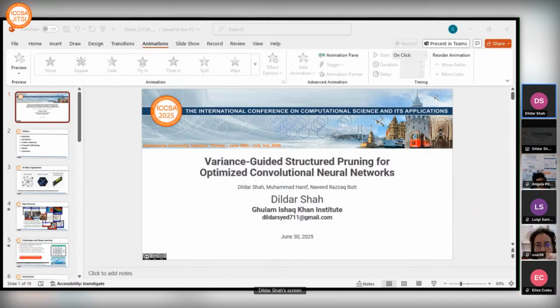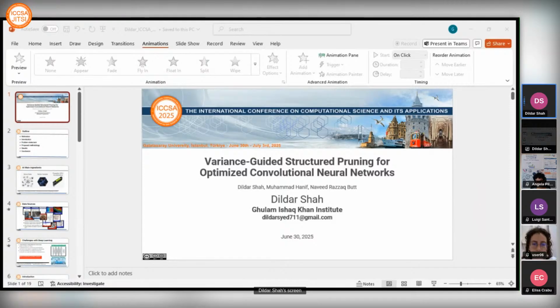For this purpose, different approaches have been explored in the literature so far, like quantization, knowledge distillation, and network pruning. But among them, network pruning has shown promising results because it not only reduces the model size but also maintains the accuracy. And one of the direct applications of the pruned model is autonomous vehicles.